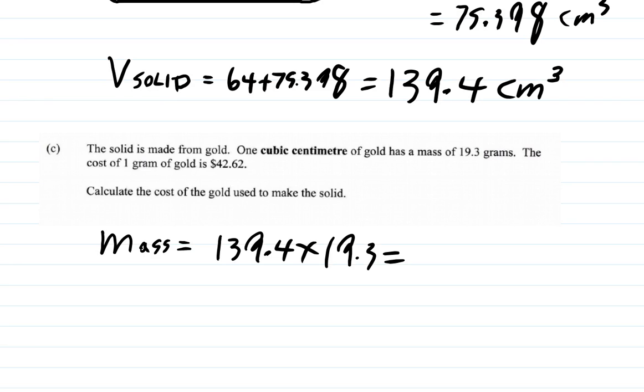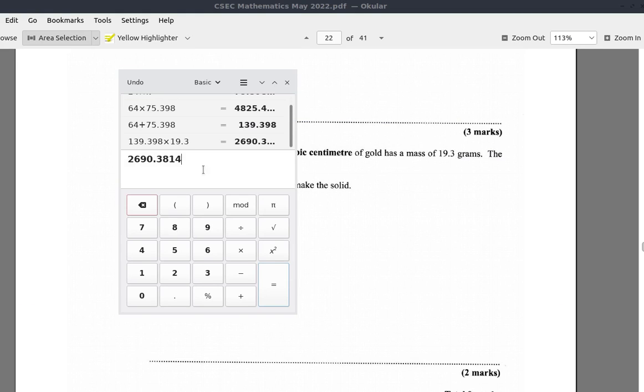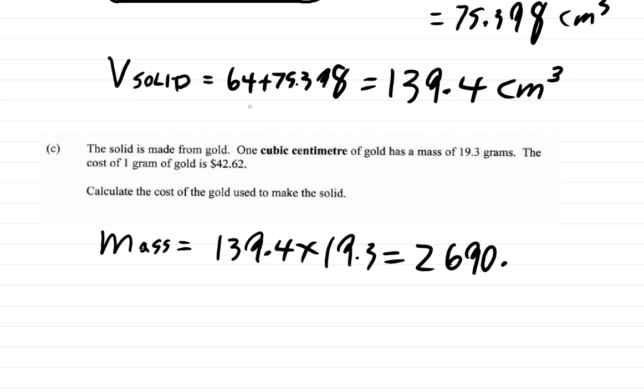So we have 2690 point. Since we're dealing with money here and so on, let's not round it off too much. 0.3814. Let's use that. Alright? We don't want to lose any money here.